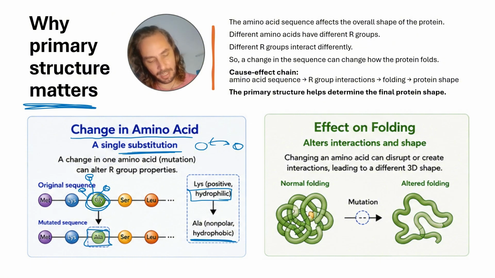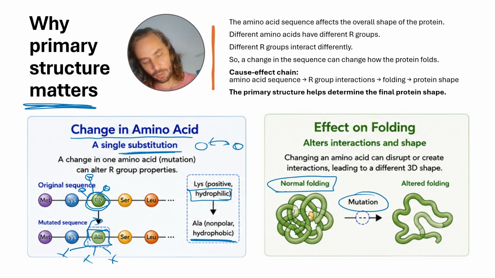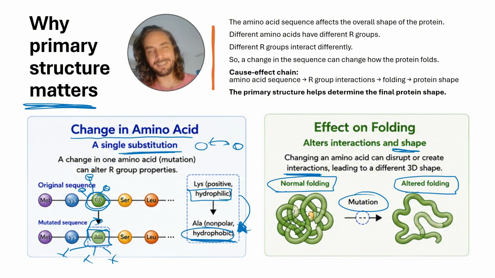This amino acid does not want to interact with water, so it's going to be pushed inside of the 3D structure. So here we have the normal folding, but because we just have that one mutation of changing the sequence from hydrophilic to now a hydrophobic molecule, it alters the folding of the molecule. And if there is a change in shape, it changes the interaction and it changes the function.